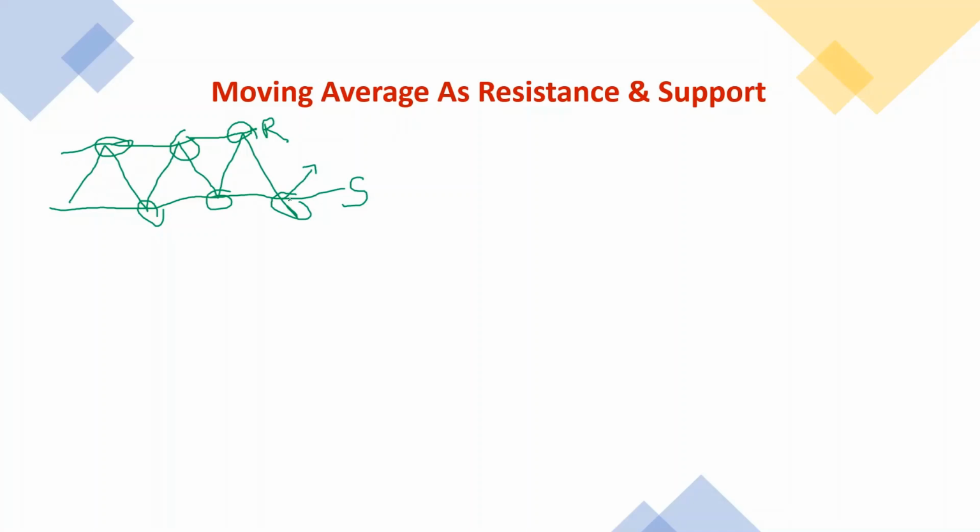This is the general resistance and support knowledge which you should have to understand this concept of moving average. Now let us understand this with the same example which we had seen for moving average, this 1 to 10 example, right? Just one second.